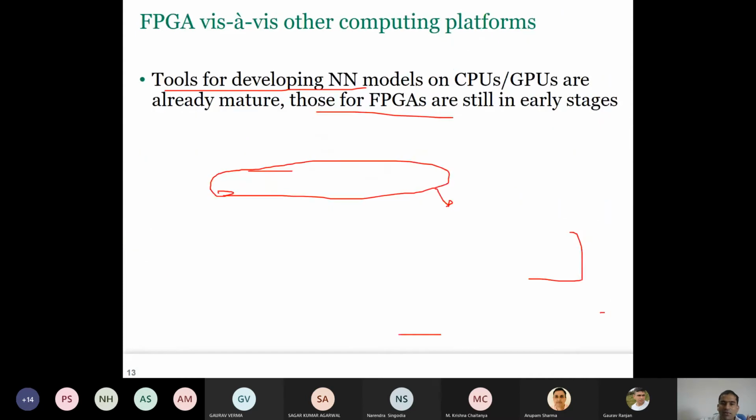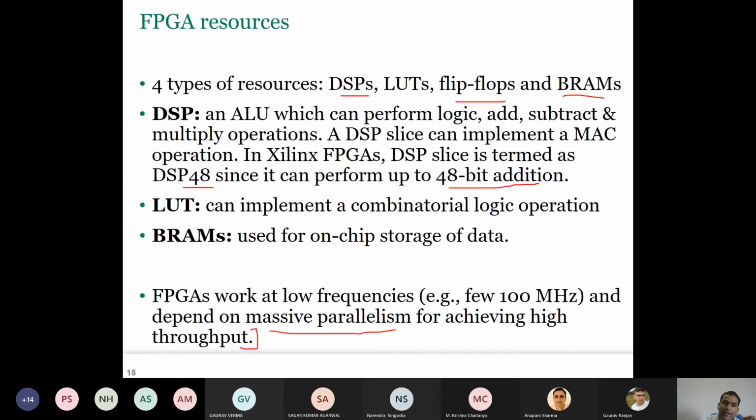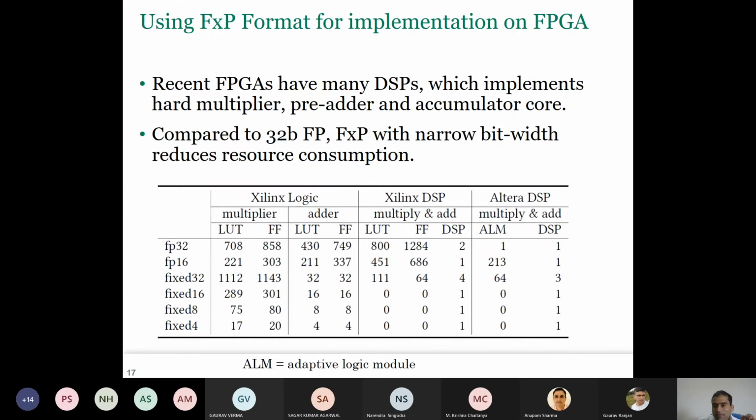I'm not sure if they are doing a lot of training on FPGA, but mostly FPGAs are used for inference, because it does not have a lot of resources, bandwidth is less, and its power consumption is also less. So that is ideally suited for inference.